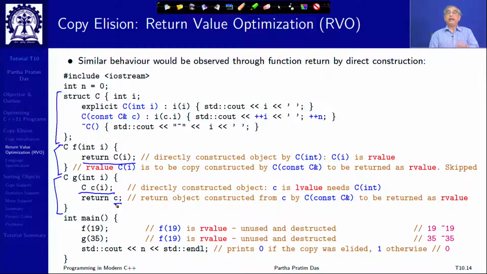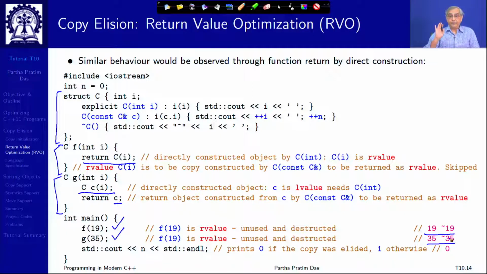In both cases, you would expect that there will be a direct construction by the parametric constructor and a copy constructor by return by value. Try to invoke these two functions, you will find that there is just the direct construction happening, no copies are being made.